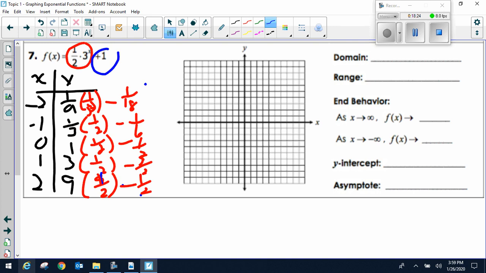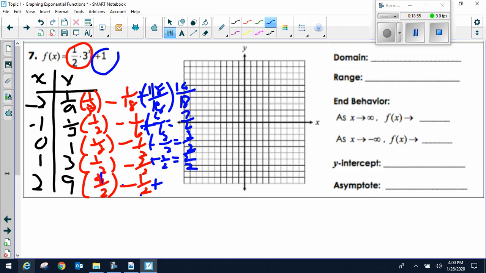So now when I add 1, I'm adding 18 over 18 to get 19 over 18. Plus 6 over 6, which gives me 7 over 6. Plus 2 over 2. So now I'm at 3 over 2. Plus 2 over 2. So now I'm at 5 over 2. And then plus 2 over 2.